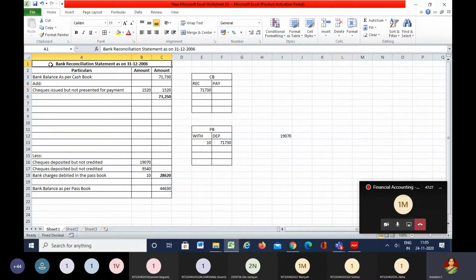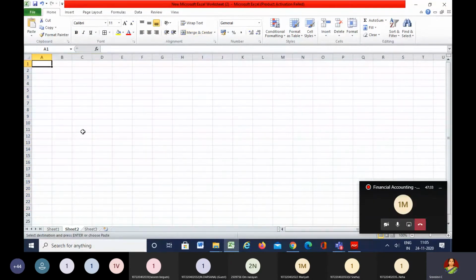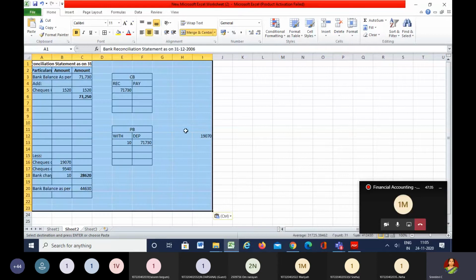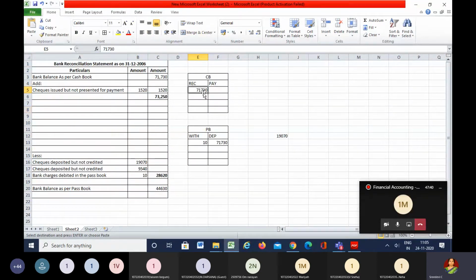So I'm just going to copy the entire thing in the next sheet, let us not waste the time. Let us remove all this. Now here I'm going to do it as the balance as per the passbook.